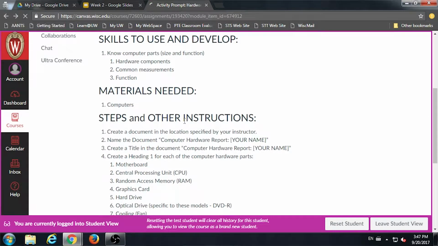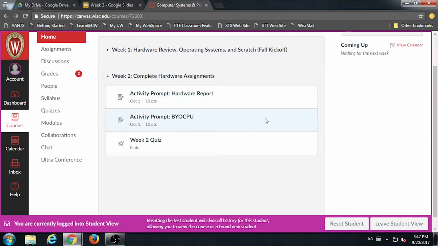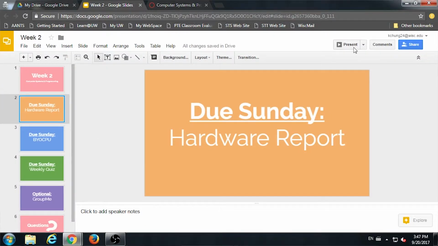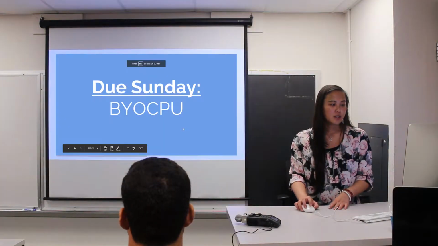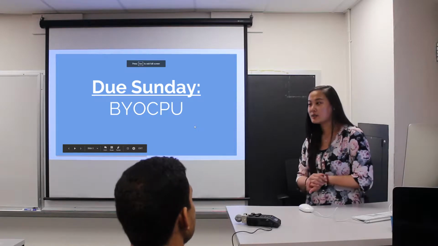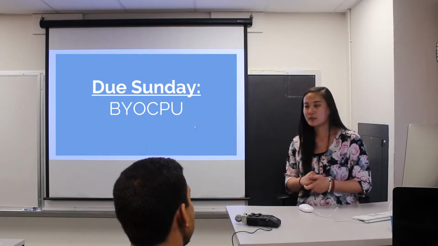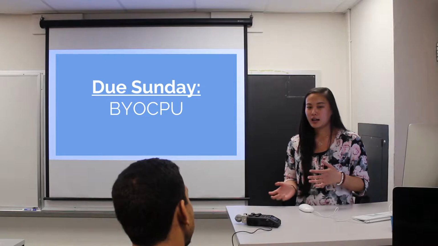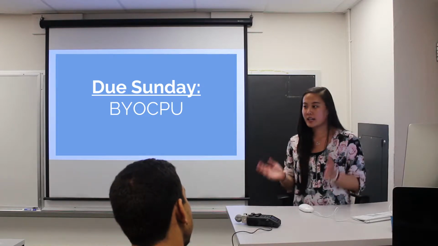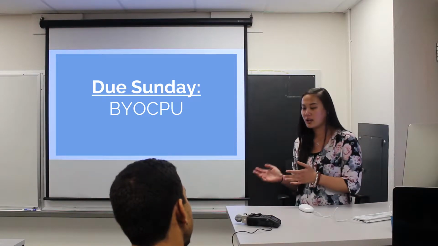Now let me go back to the other assignments that are due. You have 2 more, which I'll talk about, but again, you can find them here in your module. The next thing that is due on Sunday as well, hardware related, is your buy your own CPU. You did this the summer of your sophomore year, but you're going to do this for another computer.